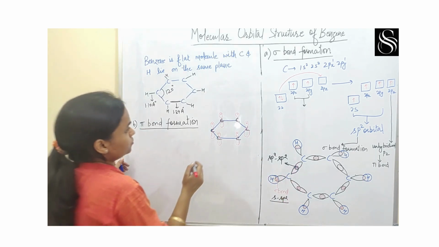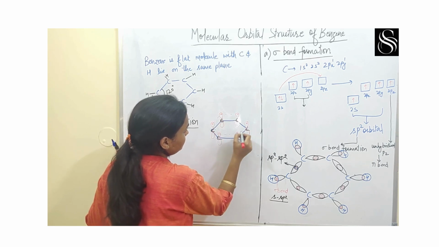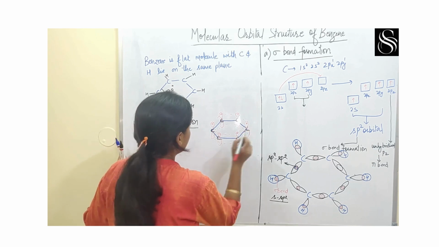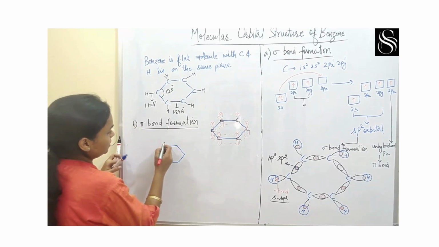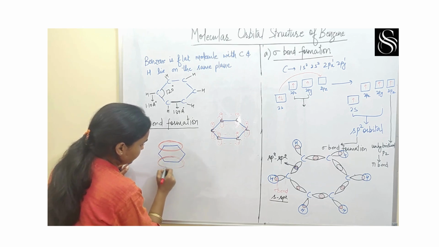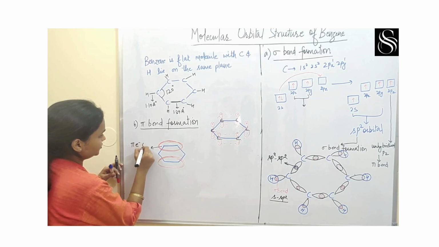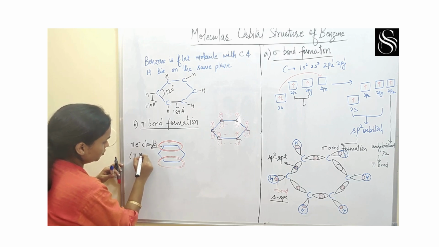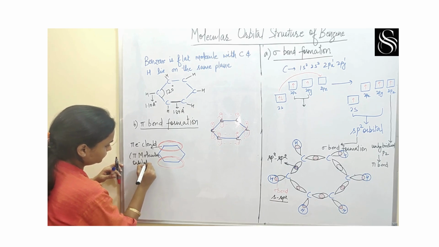So the overlapping of these pz orbitals leads to the pi electron cloud. This is the pi electron cloud, or the pi molecular orbital cloud.